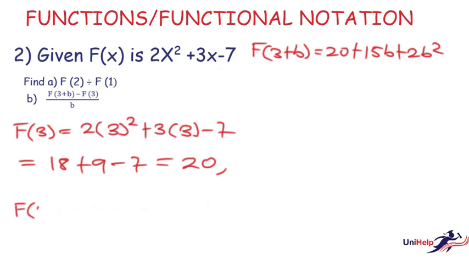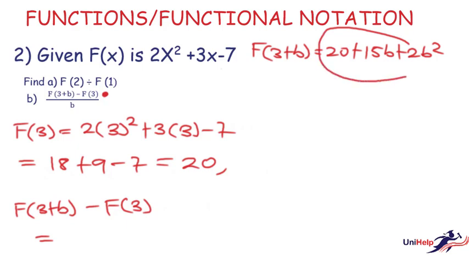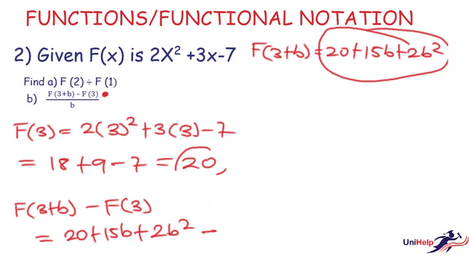Now, f of 3 plus b minus f of 3, which is the numerator of this expression we have here, is equal to this, which is 20 plus 15b plus 2b squared minus f of 3, which is this 20. That is 20 cancels 20, which is equal to 15b plus 2b squared.